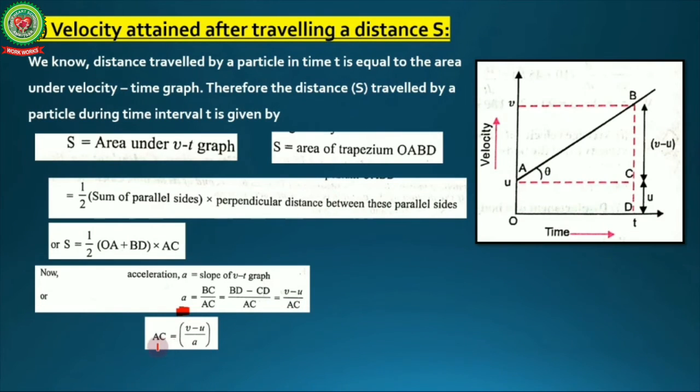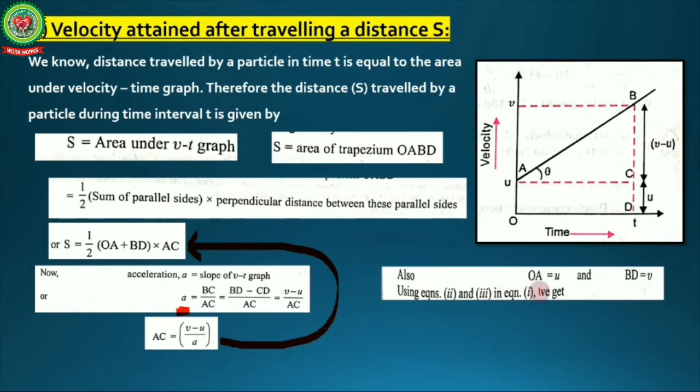Now we got this value of AC, and we can put this value of AC in the equation s is equal to half (OA plus BD) into AC. Also we know that OA is equal to u and BD is equal to v. Putting all these values in this equation, we'll get s is equal to half, in place of OA u, in place of BD we are putting v, and in place of AC we got (v minus u) divided by a.